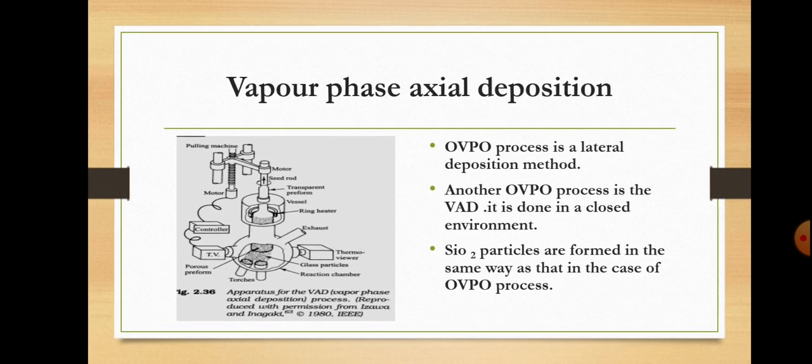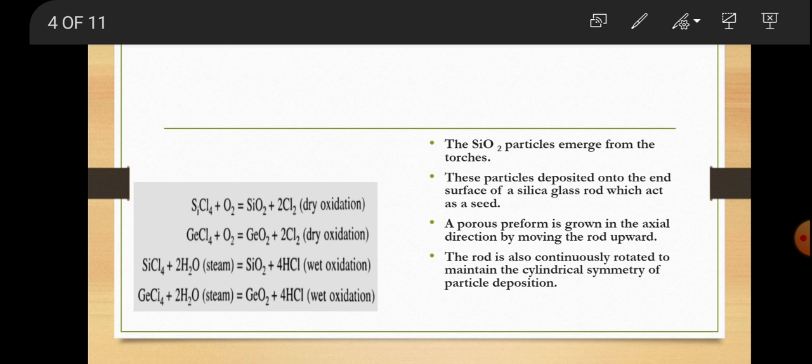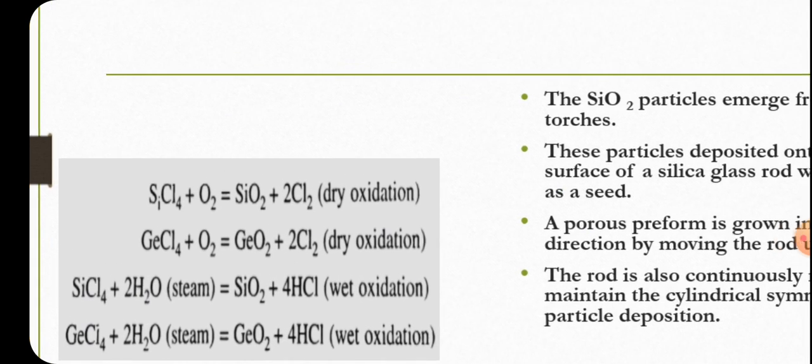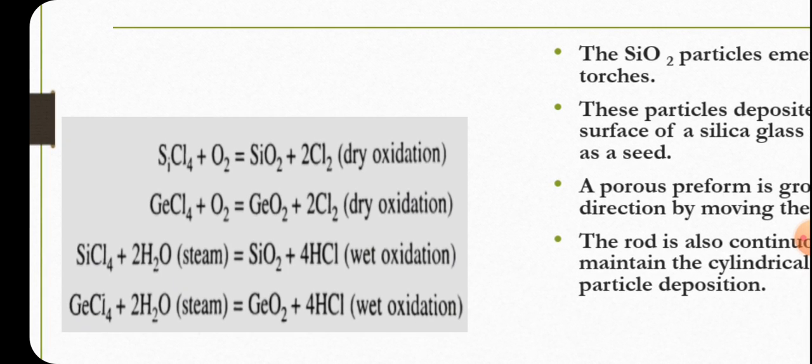The reactions are SiCl4 reacting with oxygen to produce SiO2, and also germanium chloride reacting with oxygen to give germanium oxide. These two form the soot, and this takes place in the dry oxidation method. In the presence of water vapor or steam, it will produce SiO2 and GeO2 like this.